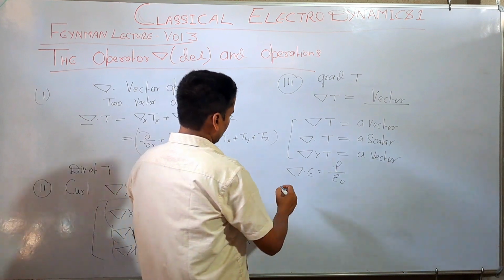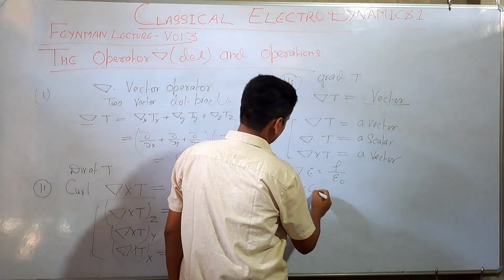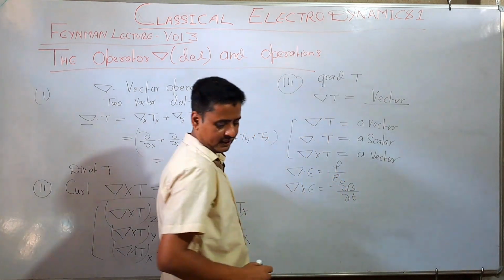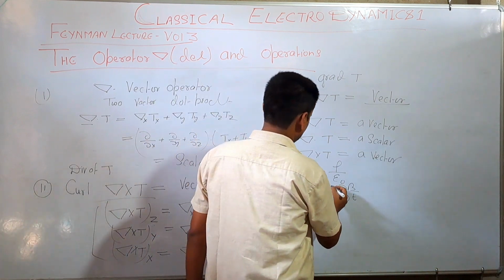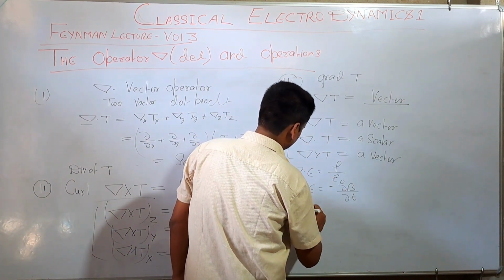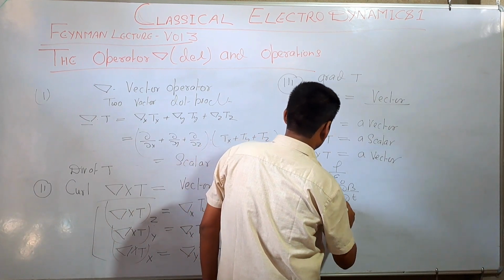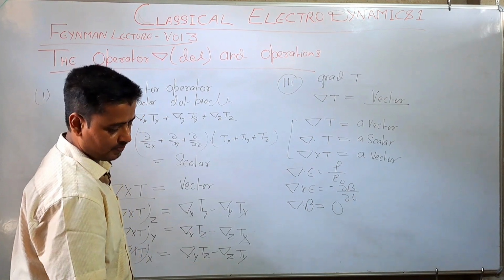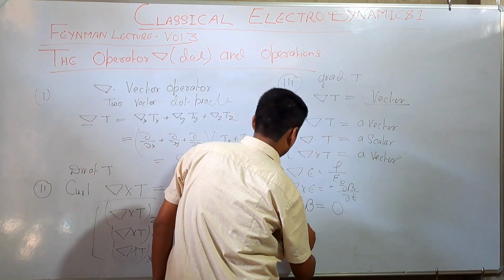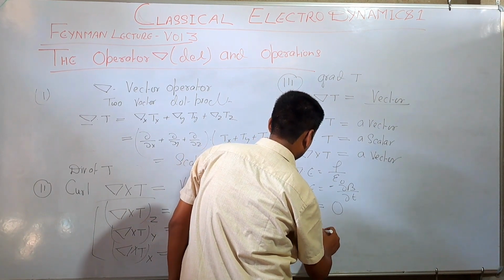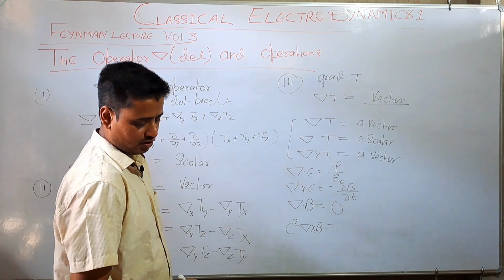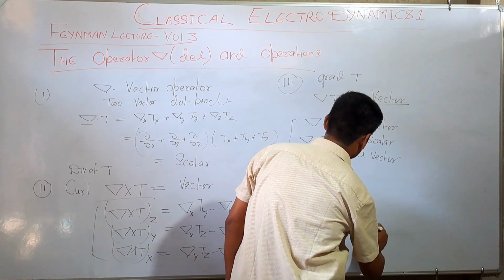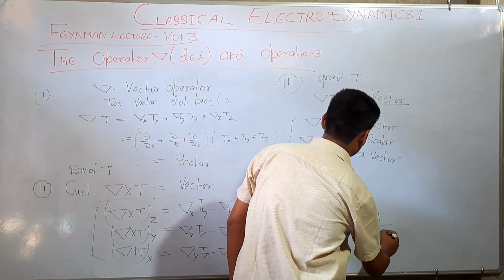Again, curl of E is the negative of the rate of change of magnetic field, and divergence of magnetic field is always 0, and curl of magnetic field is the rate of change of electric field, del E by del t, plus current density.